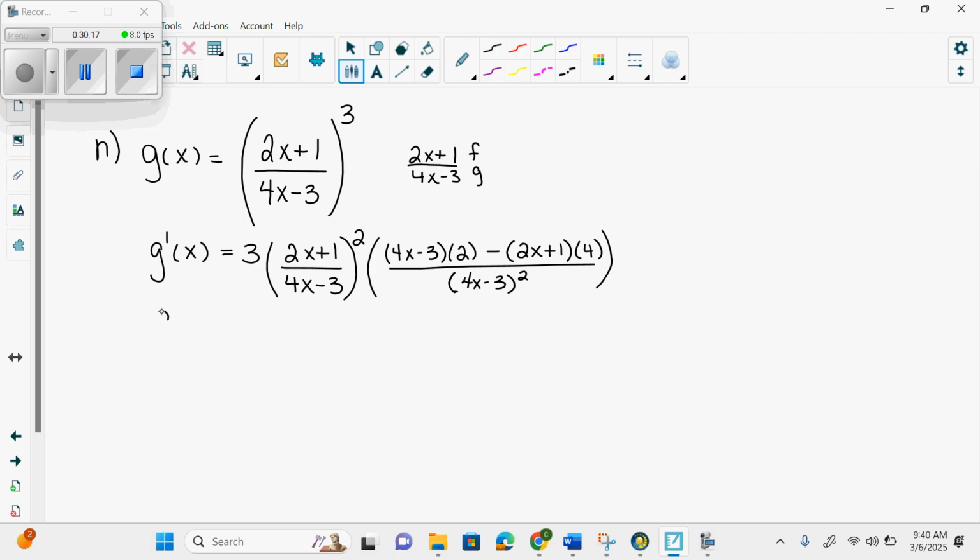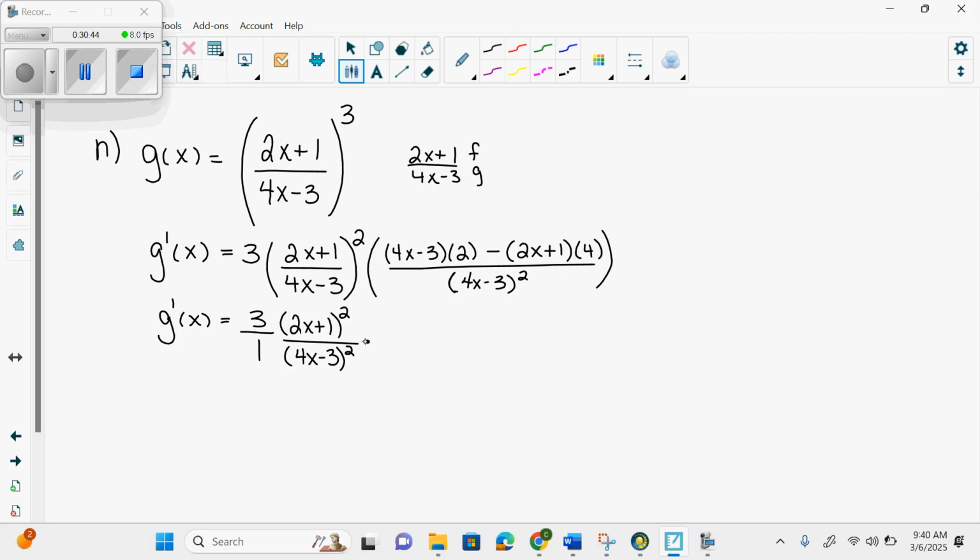So, we are going to get 3 over 1. And this to the 2, I can distribute the 2 to both of them. So I can get 2x plus 1 squared over 4x minus 3 squared. And the reason why I do that is so it can join the 4x minus 3 squared on this denominator.